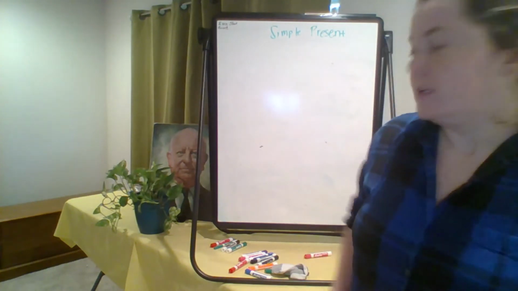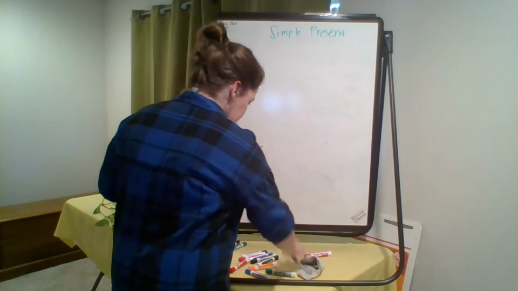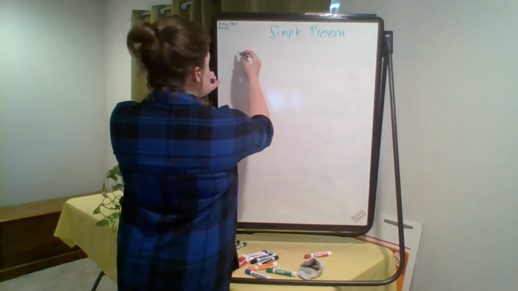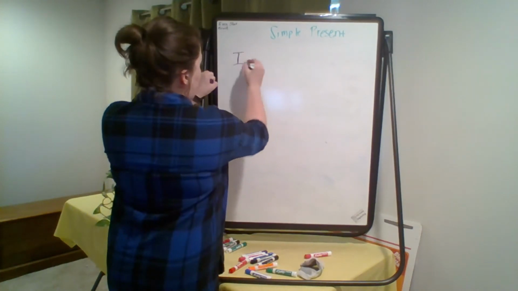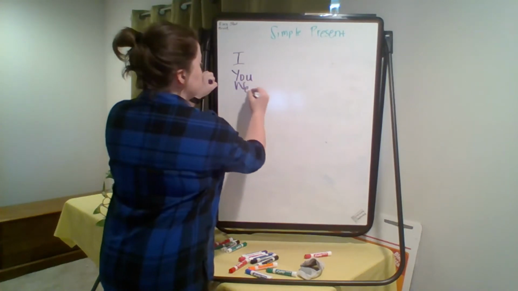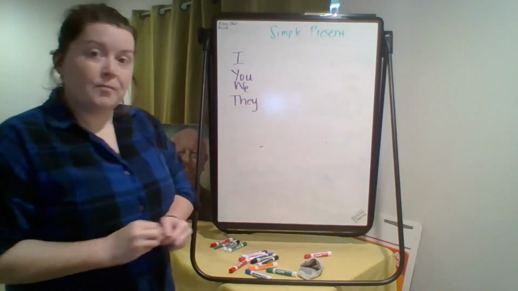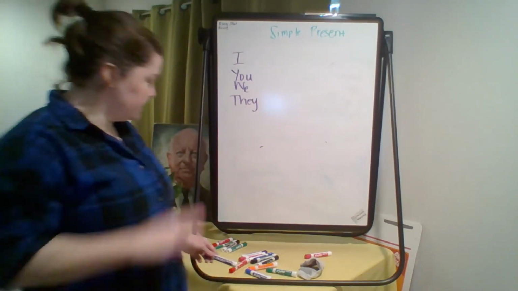Okay, so for the simple present, if the person that you're talking about is I, you, we, or they, then the verb does not have an S. It's just regular.